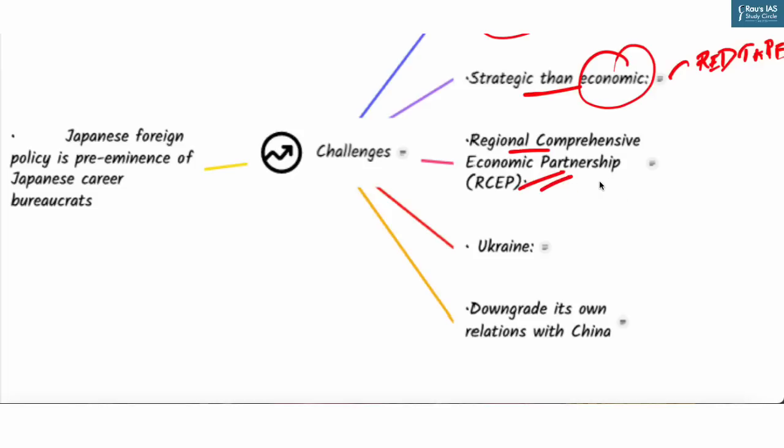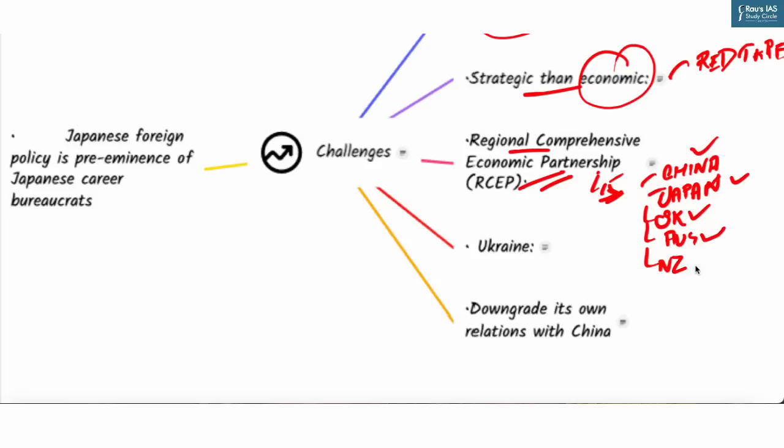Now, what is RCEP? It is a 15-nation and one of the world's largest trade deals, which includes China, Japan, South Korea, Australia, New Zealand, and the 10 members of the Association of Southeast Asian Nations, that is ASEAN, and represents 30% of global GDP and population.